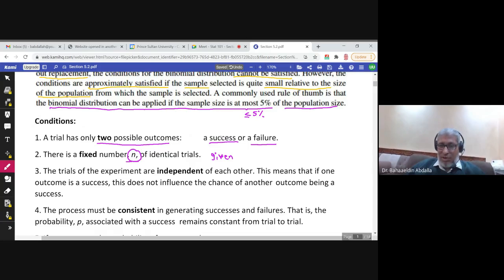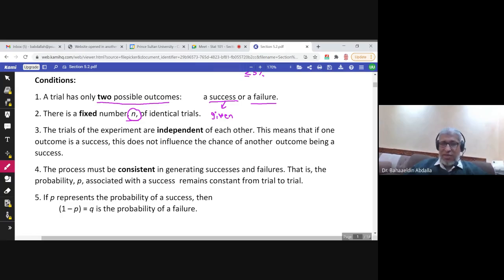The success also should be given in the question. When I say, what is the probability of obtaining 3 heads, this is the success, heads. So he will give you the success and the n trials in the question. He doesn't have to say that the experiment follows a binomial distribution or that there are 2 possible outcomes. You should understand this by yourself.